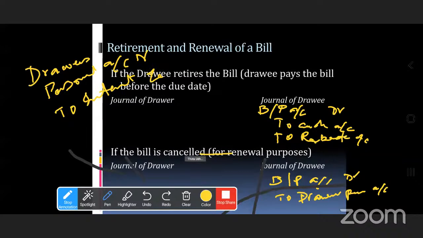That is interest received from the drawee. So in the books of the drawee, here we will be writing interest account debtor to drawer's personal account.